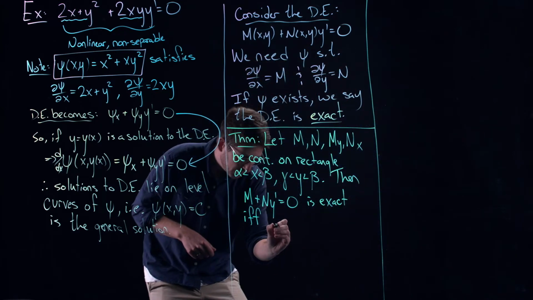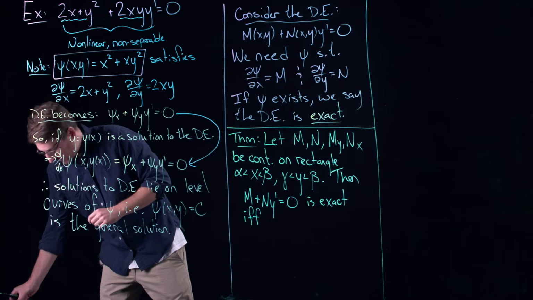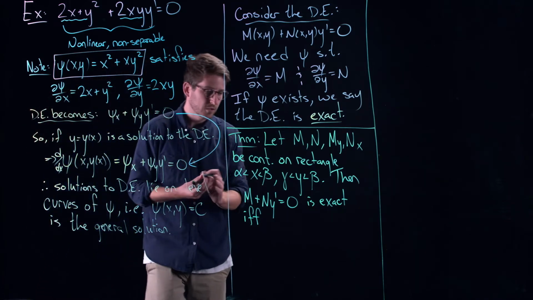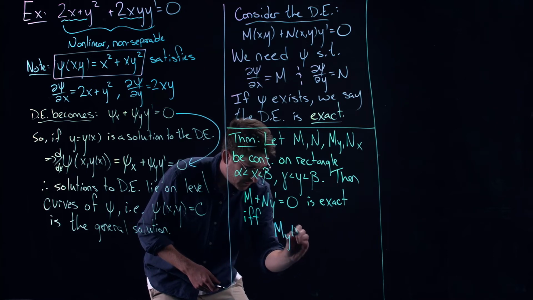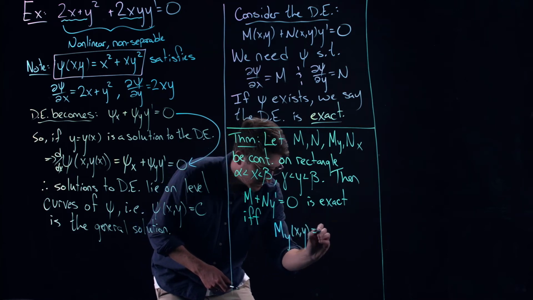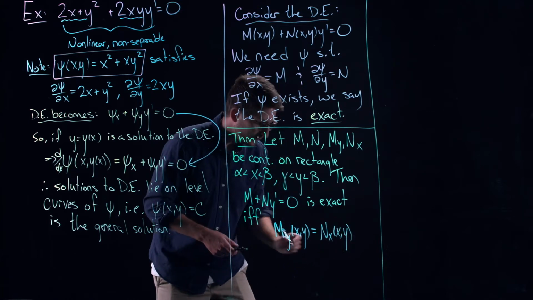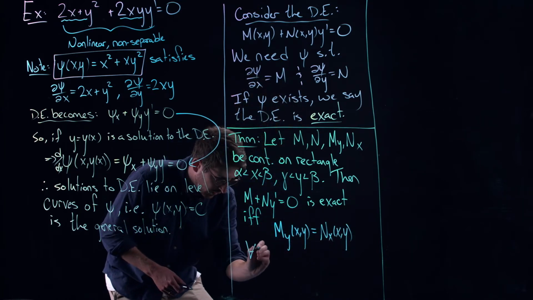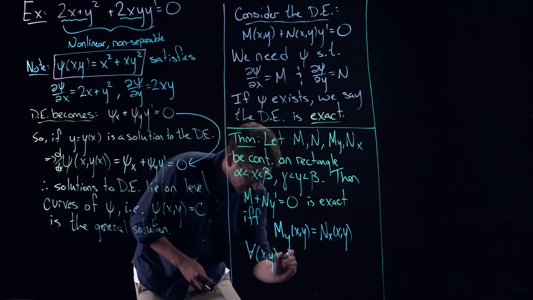If and only if, here's my condition. I'm going to write it in different colors just so it really, really pops out for everyone. If and only if M sub y of x,y is equal to N sub x of x,y. And that is for all x and y in the rectangle.